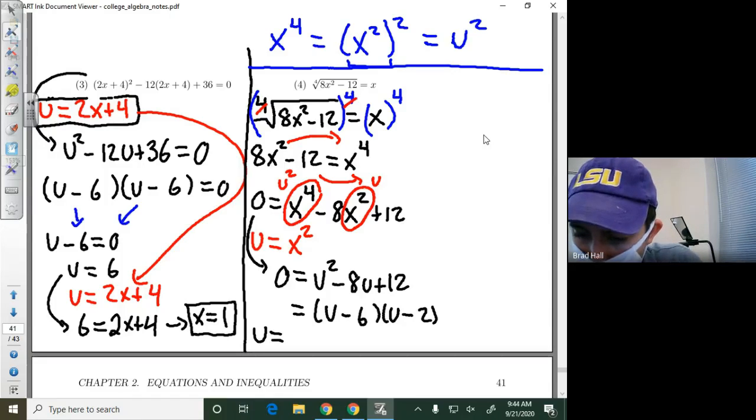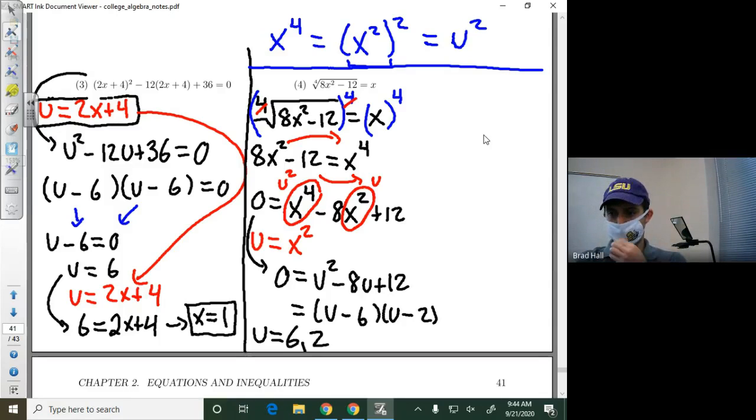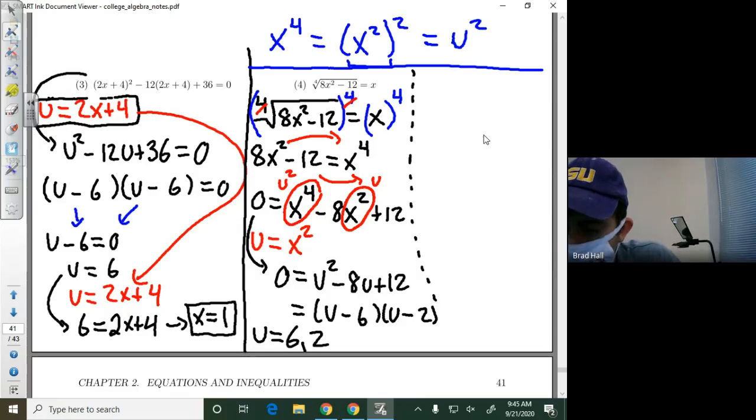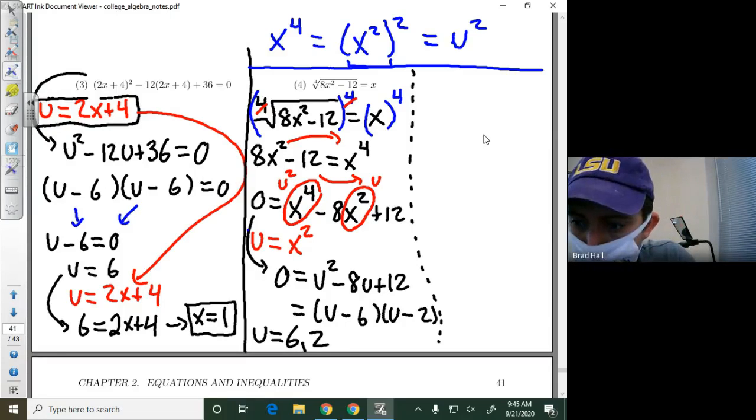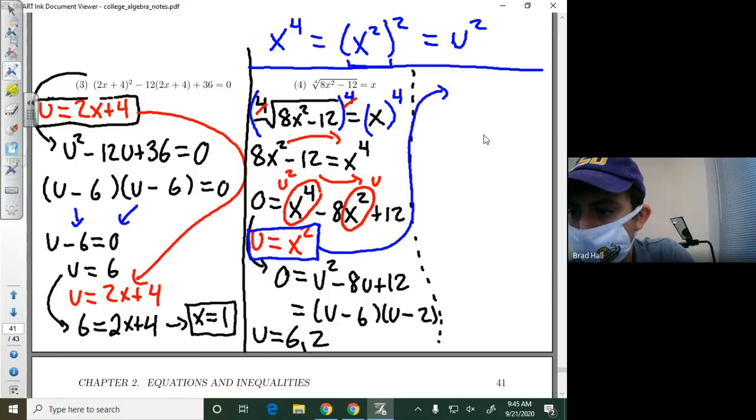And so we get two answers, positive 6 and positive 2 for u's. So we have u values, but u values are not good enough. We want x values, which means that rule that we established, u is equal to x squared, we're going to resurface that rule.